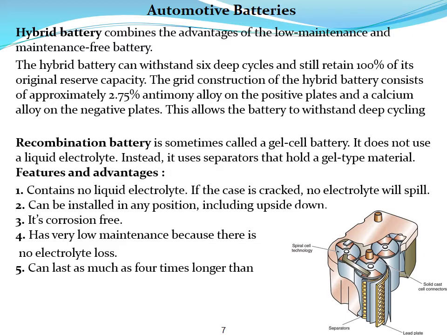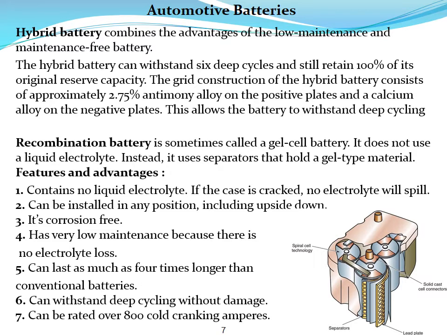It can last as much as 4 times longer than conventional batteries. It can withstand deep cycling without damage. It can be rated over 100 for the cold cranking amperes. This rating, called the cranking amperes, is one of the criteria used to measure the efficiency and quality of the battery, and we will explain it in the upcoming slides.